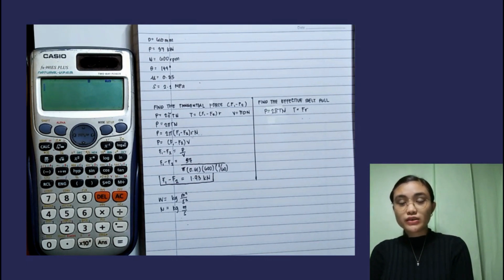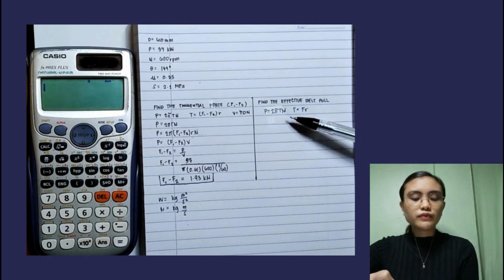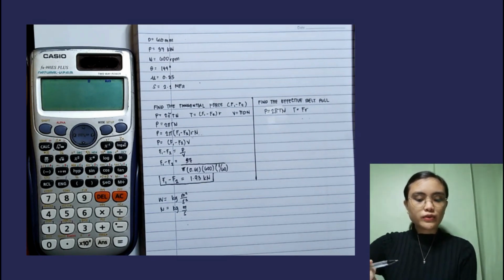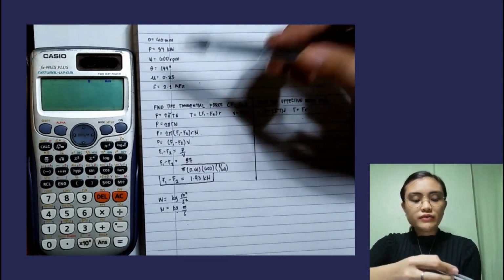So now let's proceed to the second problem, which is to find the effective belt pull. The effective belt pull is just the letter F here in the torque. In order to get that, we need to solve first for the torque in the equation of power. So just directly substitute based on the given.